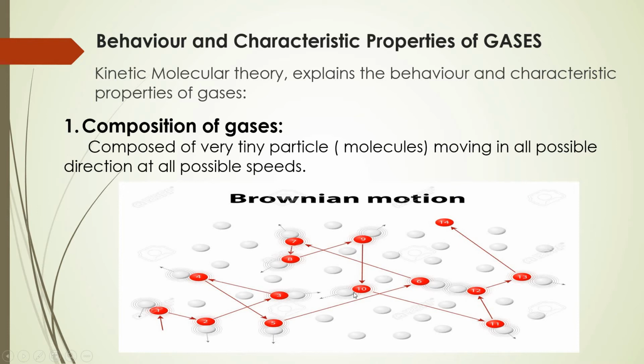In this way it can move in all possible directions with all possible speeds, and this random movement of molecules in the gaseous state is known as Brownian motion. So we can conclude that gas is made up of very tiny molecules which can move in all directions at all possible speeds. That is the first behavior or characteristic of gas.